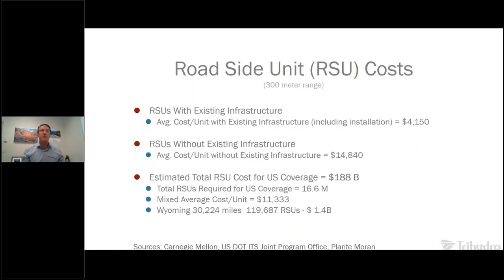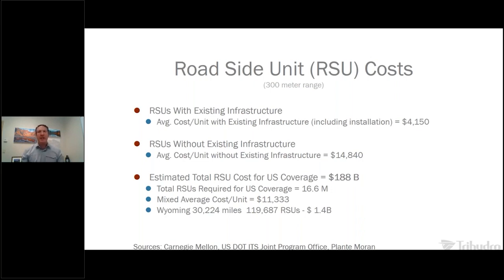So the RSUs with existing infrastructure run on average about a little over $4,000. That's including installation. When we're not talking existing infrastructure, when you have to bring in network, power, as well as install a pole for being able to mount the RSU on, you're now talking about an average cost per unit of almost $15,000.